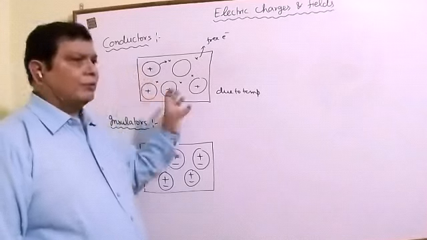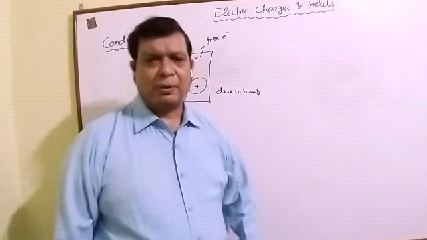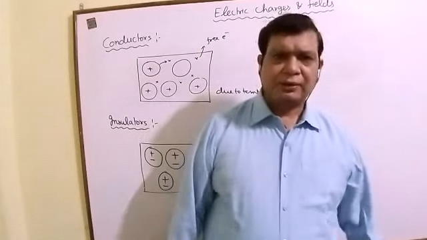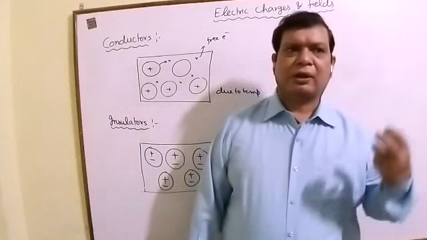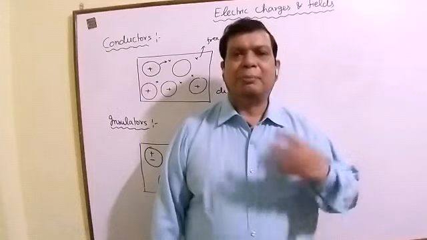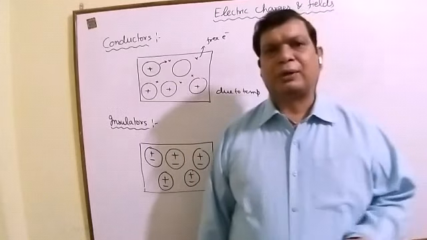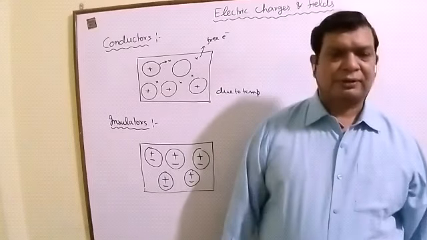Here one question arises: why are these electrons not able to come out of the metals? Actually, you have read about the work function or the threshold energy of any metal, which is the minimum amount of energy required for the emission of one electron from the metal surface.